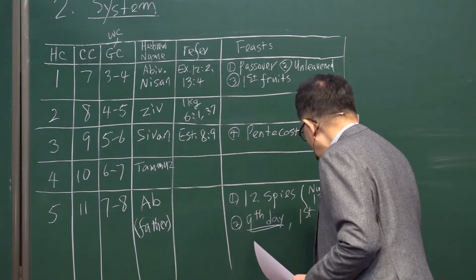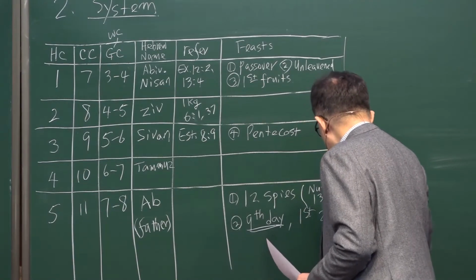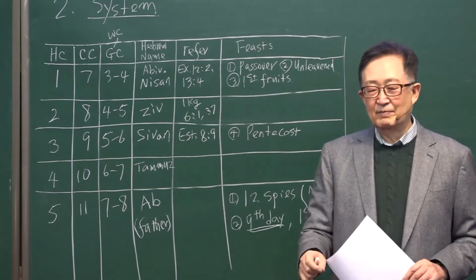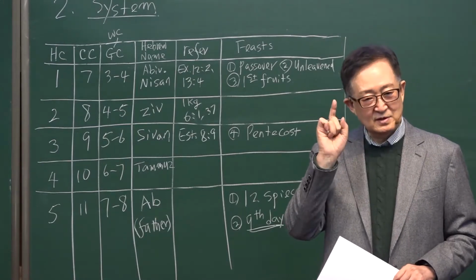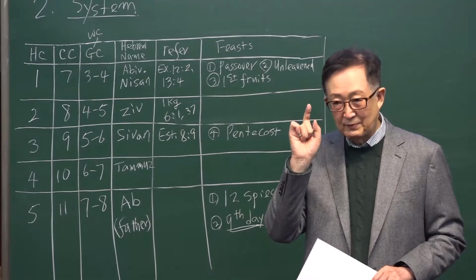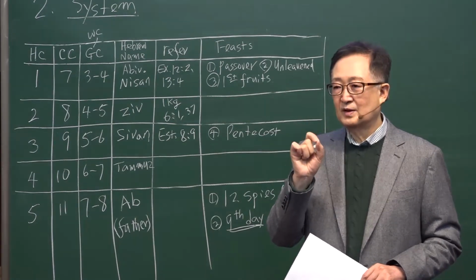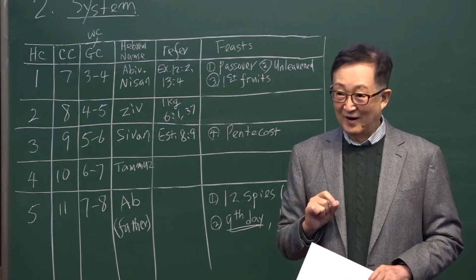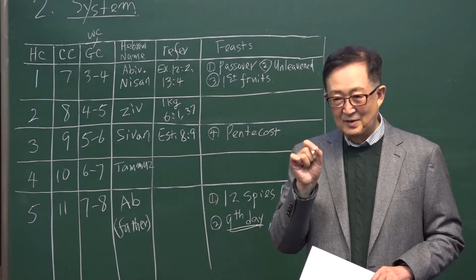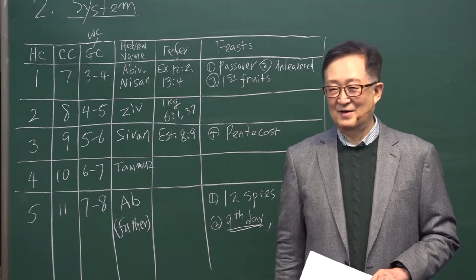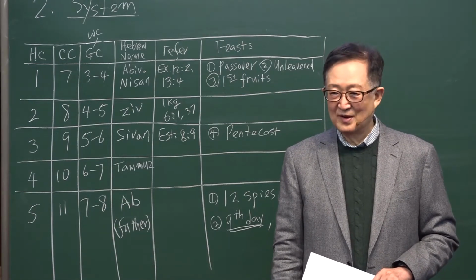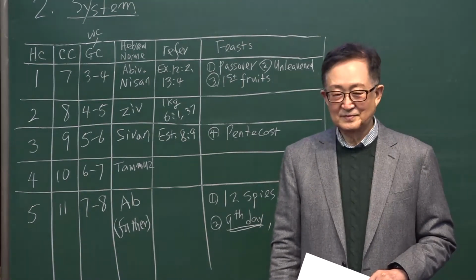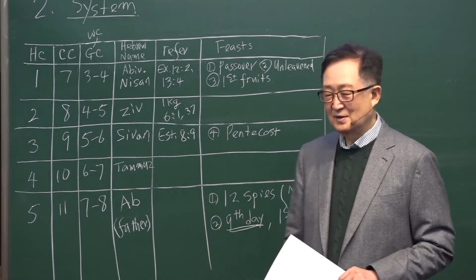Even today, Jewish people consider Av 9th their sad day because first and second temple, same day. It did not happen by chance. God's perfect design. On Av 9, those two temples were destroyed.